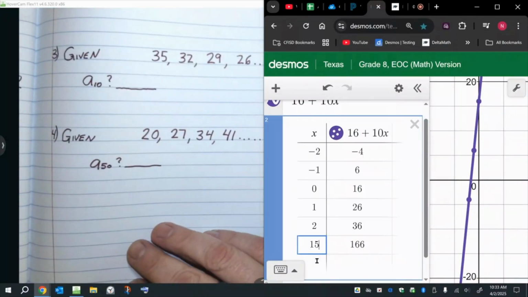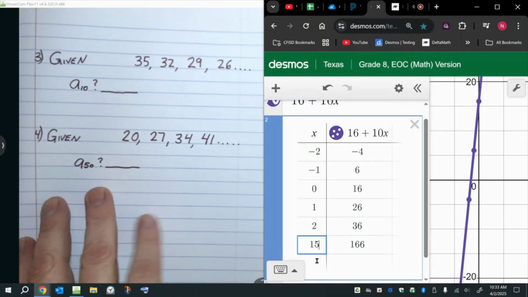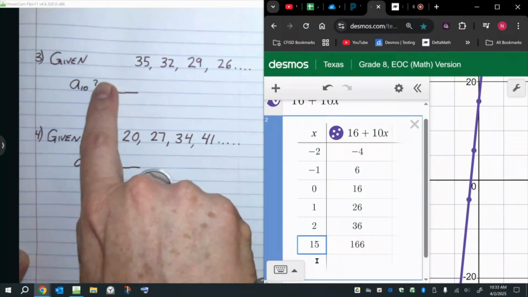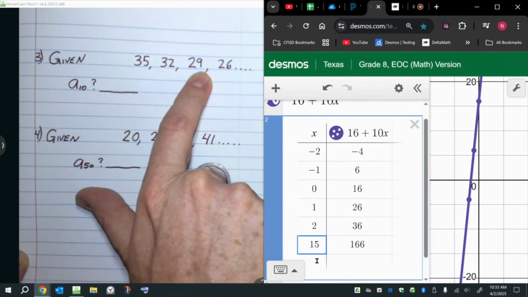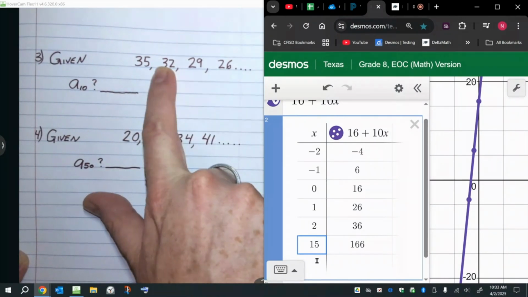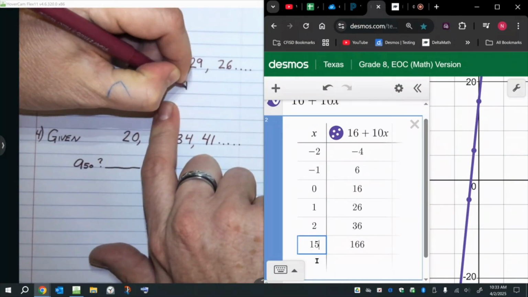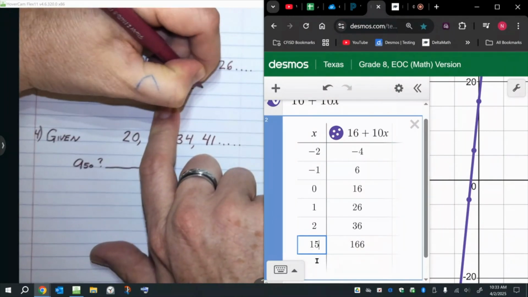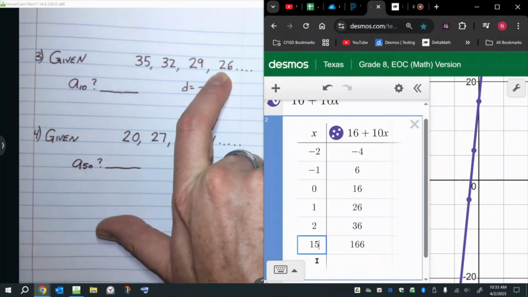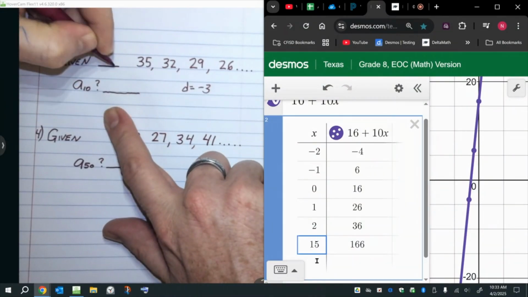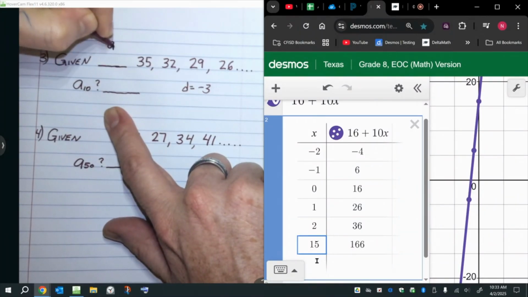Okay, the next example, given this sequence, what would be a sub 10? First, you need to figure out how this is counting to begin with. Hopefully you can determine that d is equal to negative 3. In other words, we're subtracting 3 each time. Well, what I need to know is what is a sub 0.